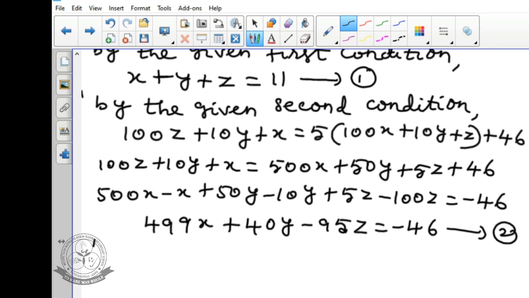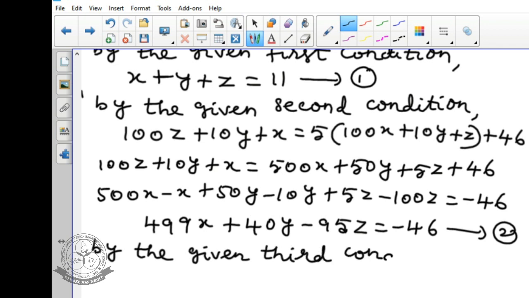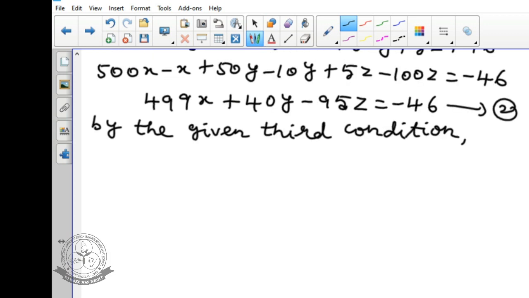Next, by the given third condition. What is our third condition? They have given: the 100s digit, which we assume is x, plus twice the tens digit, which is y, so 2y, is equal to the unit digit.